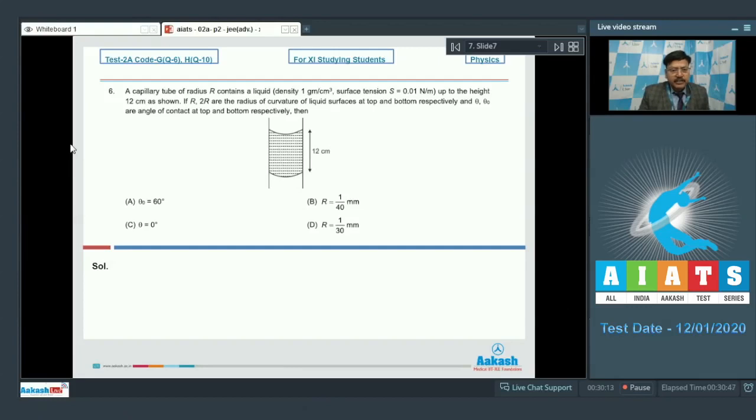and it's given that the radius of curvature of the liquid surface at top is R, and the capillary tube also has radius R, which means that the center of curvature is like this, and this is the situation at the top surface, because the radius of meniscus is same as radius of the tube, which actually means that the angle of contact at the upper surface is 0.